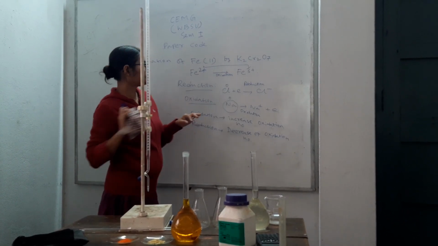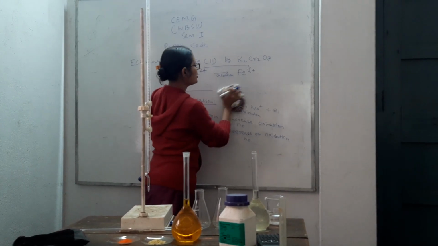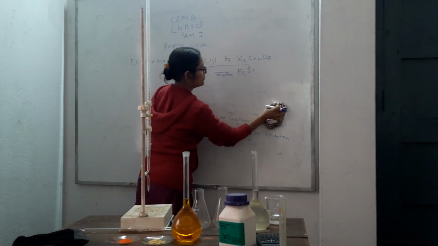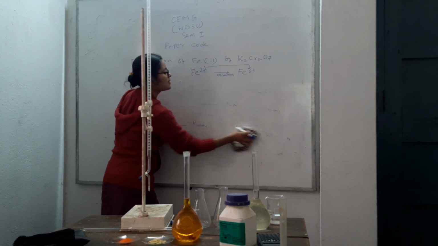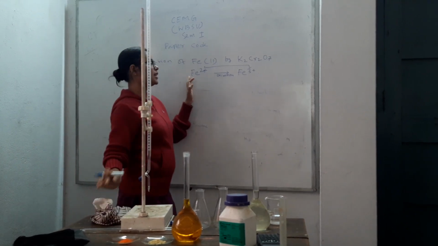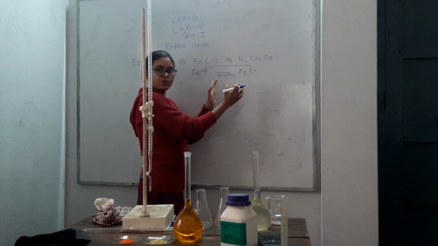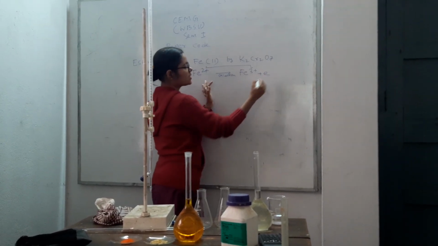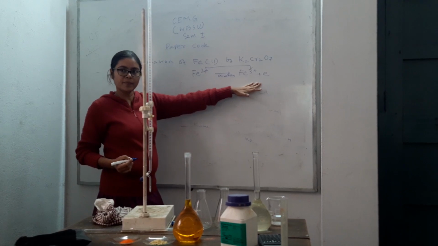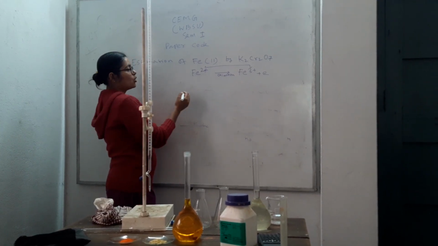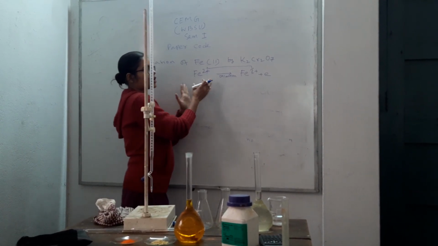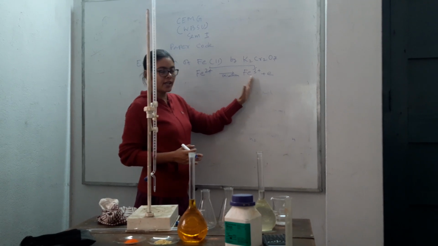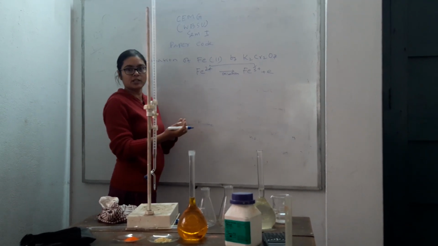Now oxidation means some electrons go out from the iron 2 plus. So now iron 2 plus is oxidized to iron 3 plus. Now who is reduced here?